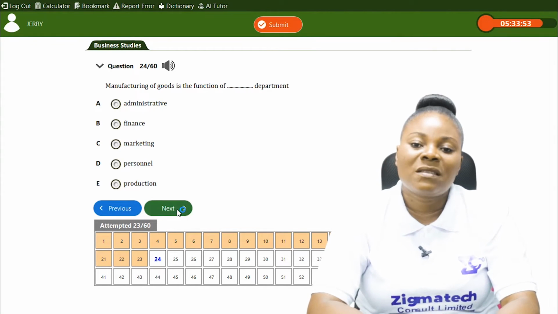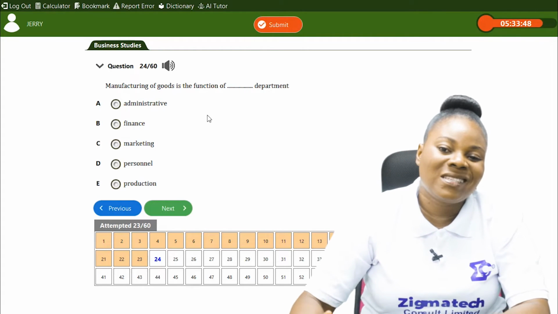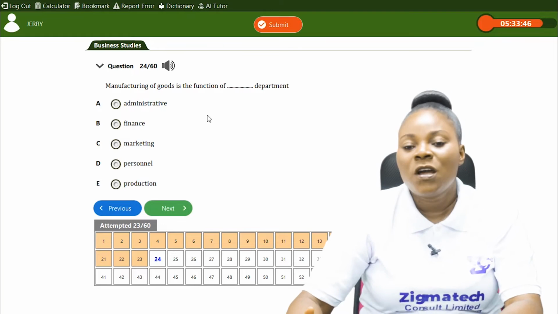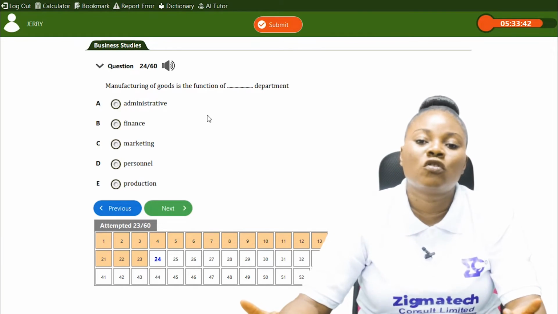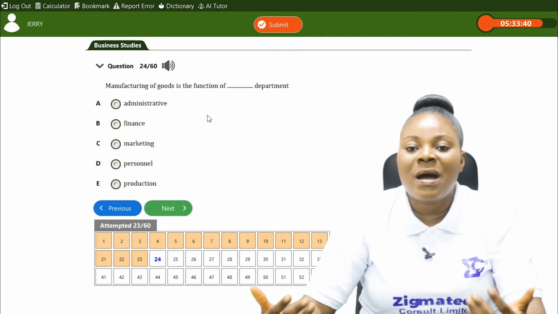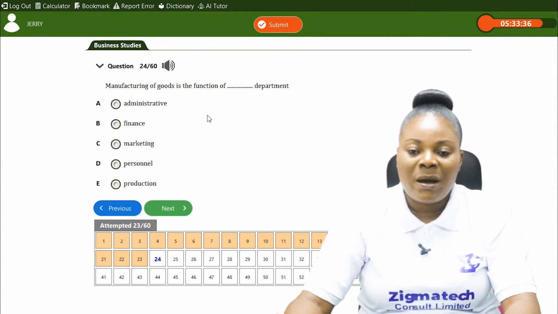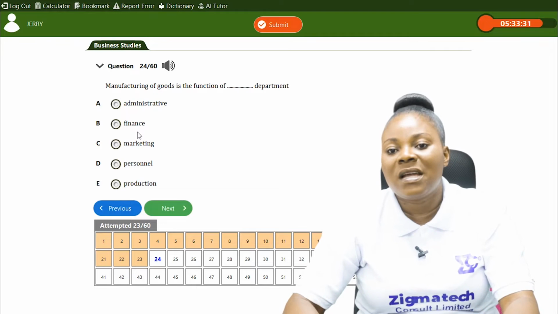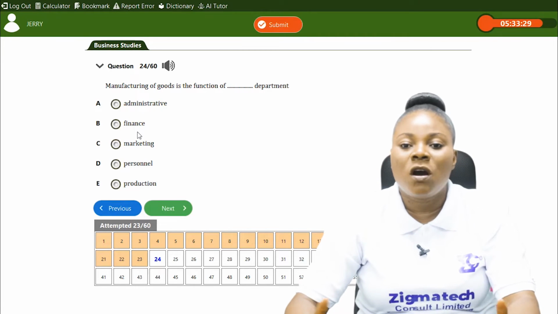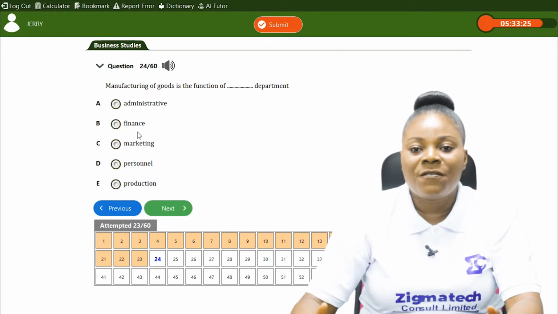The administrative department, which is option A, is that department that is referred to as the nerve center of the organization. It is that department that is in charge of controlling every other department and every activity carried out in every department. The option B, which is the finance or the accounts department, is that department that is in charge of recording the inflow and the outflow of cash.